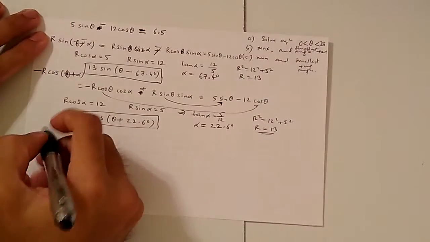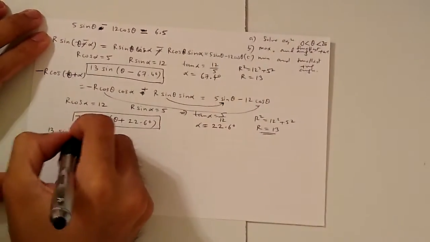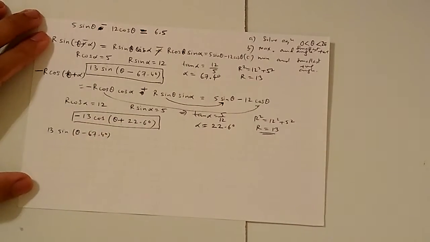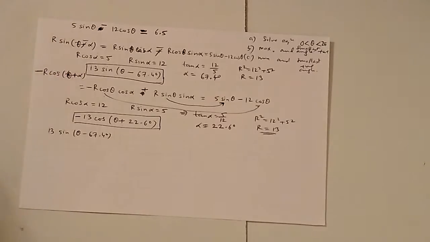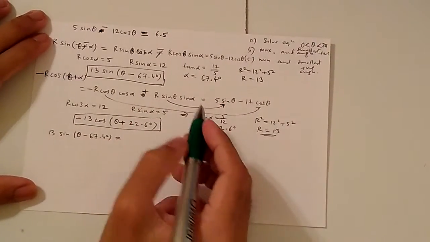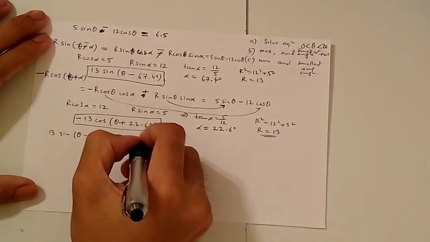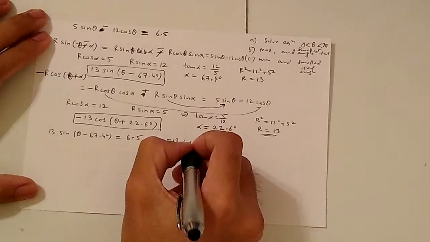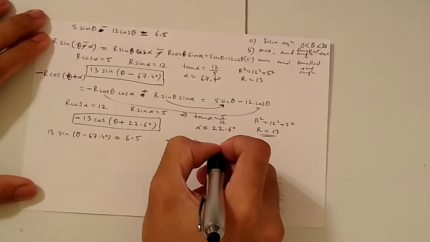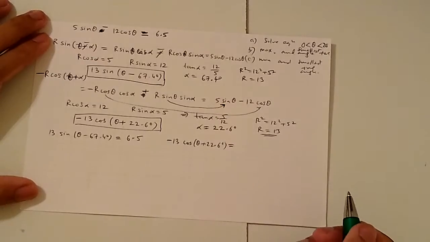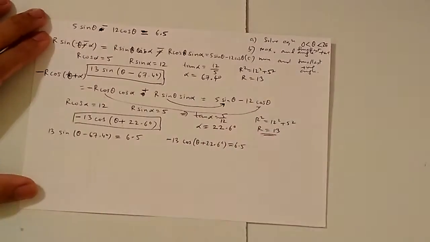For the first equation, you have 13 sine of theta minus 67.4 degrees is equal to 6.5. For the second one, you get minus 13 into cos of theta plus 22.6 degrees is equal to 6.5.